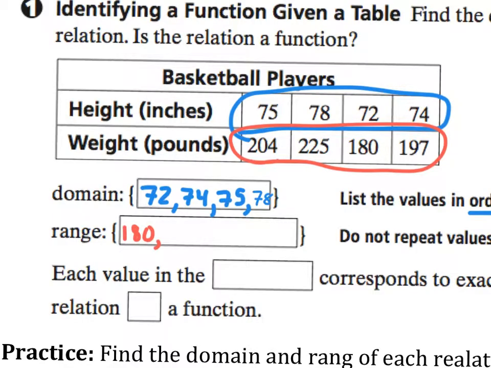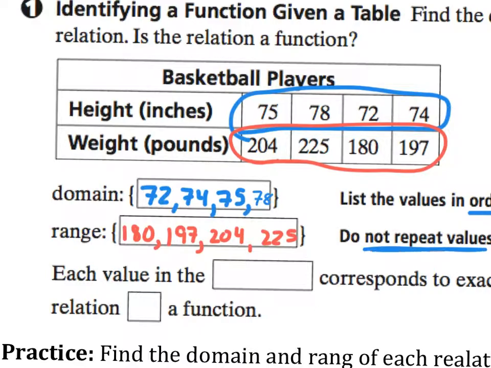My range now, also listed in chronological order, would be these 4 numbers. Now, coincidentally, they correspond. Notice the 72 is 180, and in my new list over here, it's also corresponding. That won't necessarily be the case. They won't necessarily correspond just like they did up in the chart. Okay, notice I'm not repeating any values.